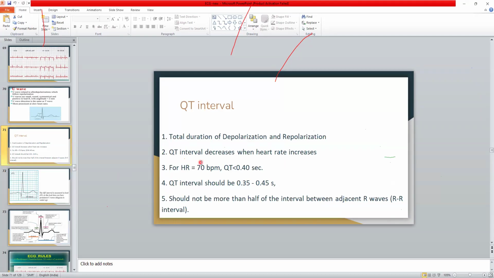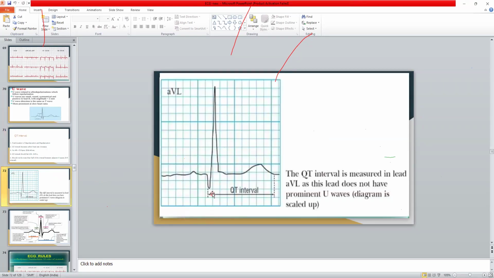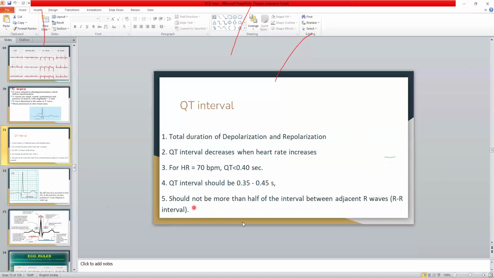QT interval usually decreases when the heart rate increases. For a normal heart rate of about 70 beats per minute, the QT interval will be less than 0.4 seconds. The normal duration of the QT interval should be between 0.35 to 0.45 seconds.